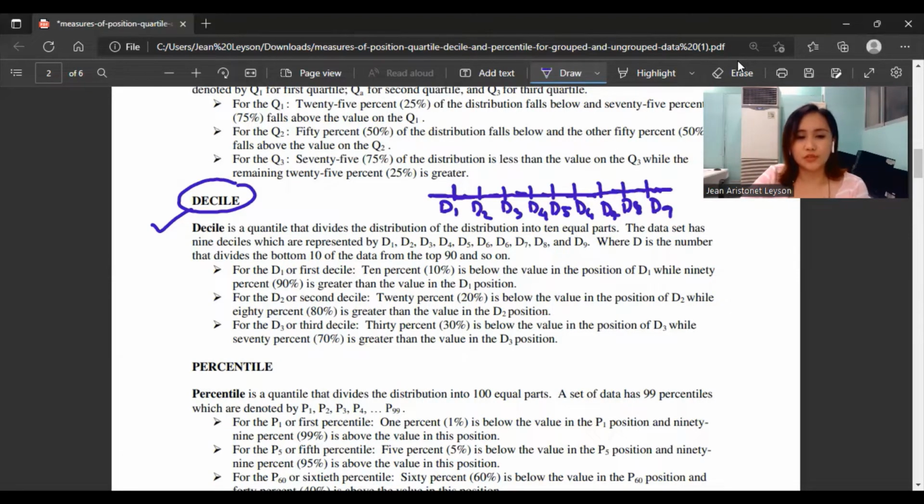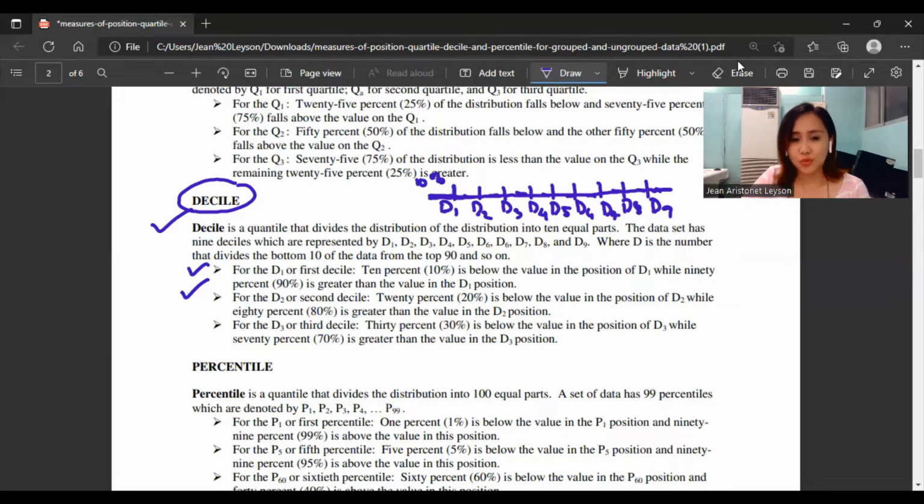So for D sub 1, or the first decile, 10% is below the value of the position of D sub 1, while 90% is greater than the value in the D sub 1 position. So here, below D sub 1, that's 10%. The remaining values above D sub 1, that consists 90% of the data in the distribution.